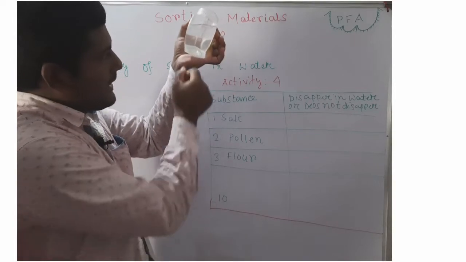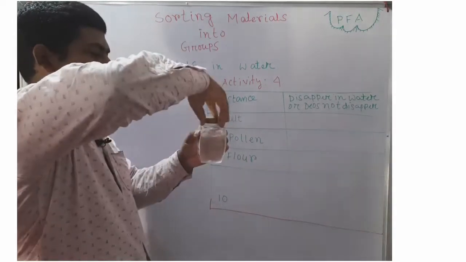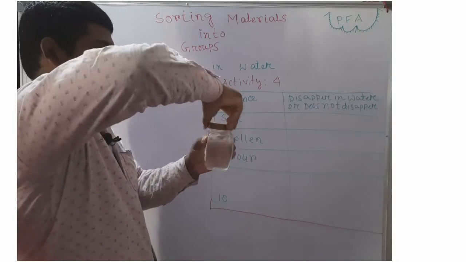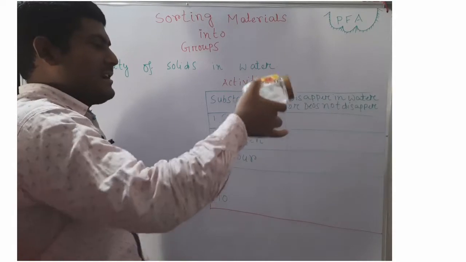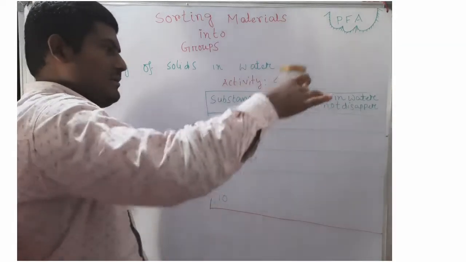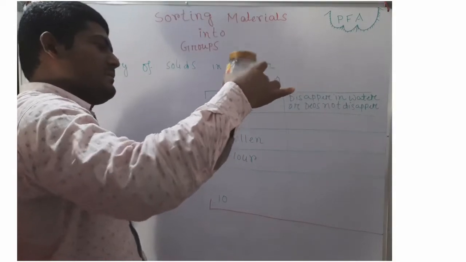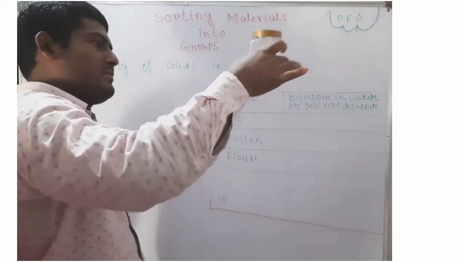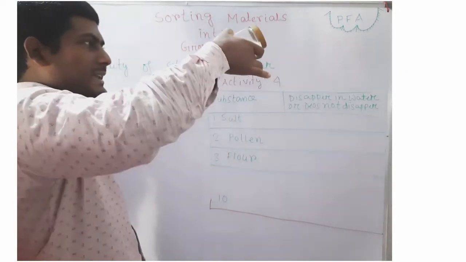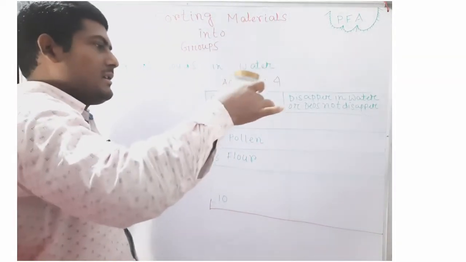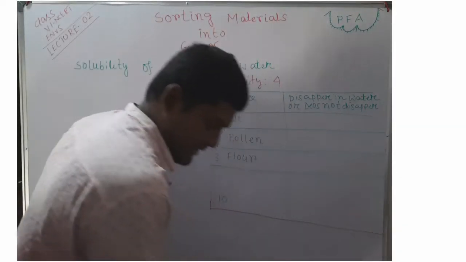Now carefully observe this. Now I will close this jar. Now I will jerk this jar. After some time we will see the result. Now I put this jar on another side.